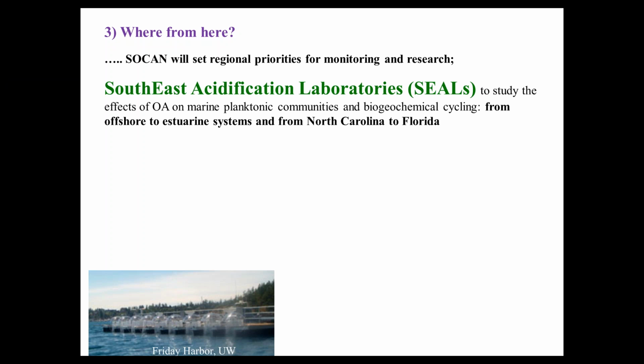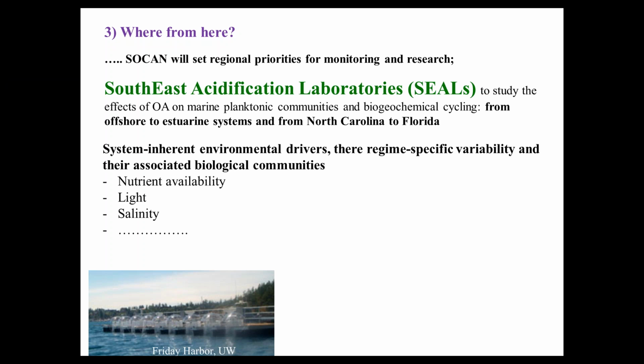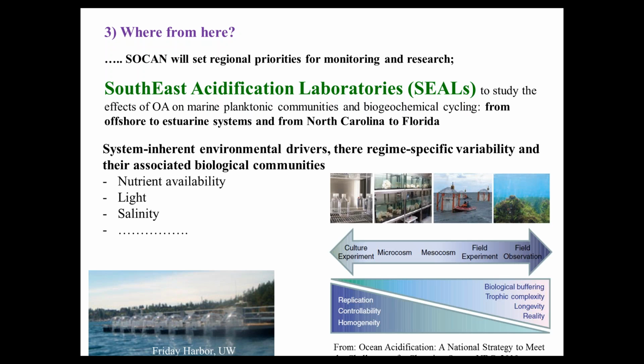And I think it could be tremendously helpful if we considered studying some of the very specific environments along the southeast coast that will allow us to go over different gradients of nutrient availability, light, and salinity, looking at coastal environments as well as offshore, using these system approaches and mesocosms.